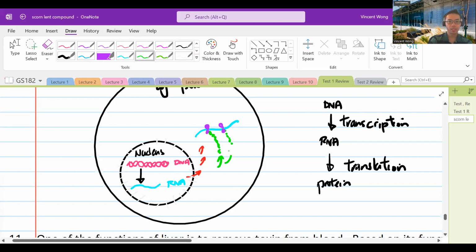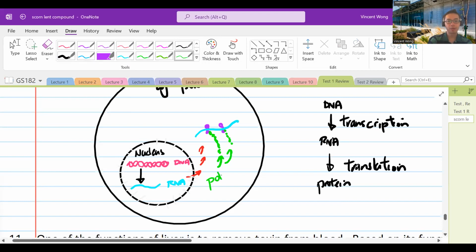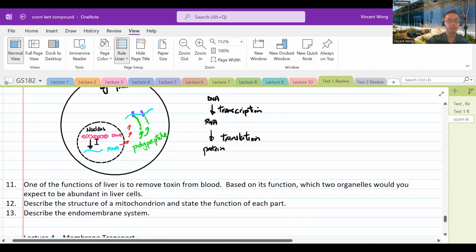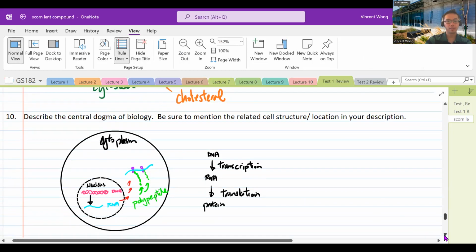So these little green things, those are the polypeptide. If you're confused about how polypeptides and proteins are different, polypeptide is basically just the primary structure, before it folds up together. It still needs to create a 3D shape to form the protein. So that's the central dogma, the central theme of biology.